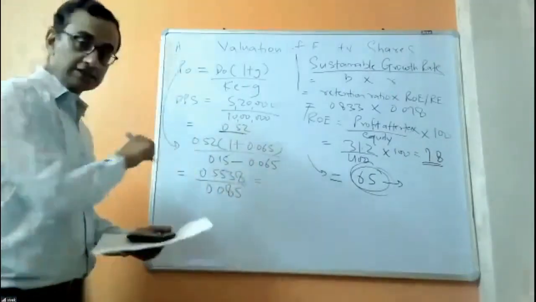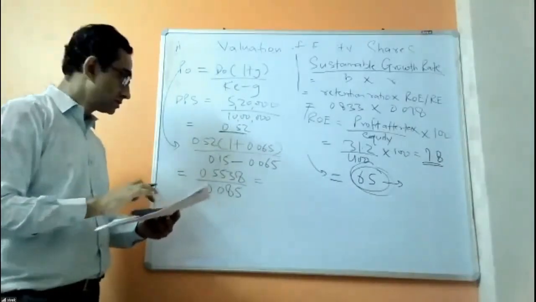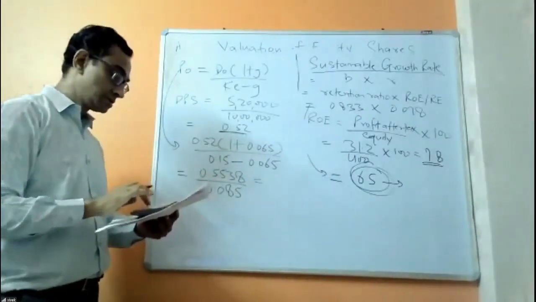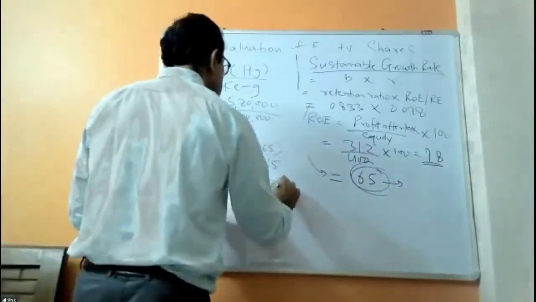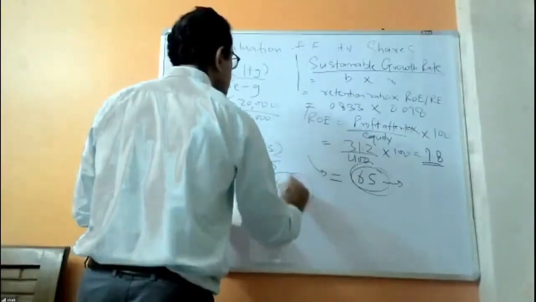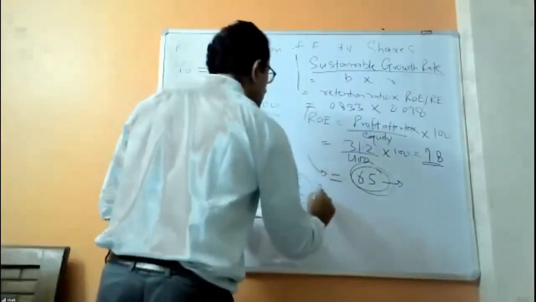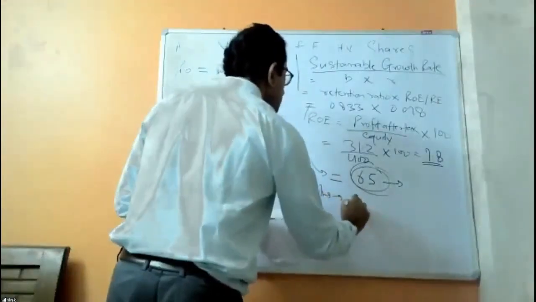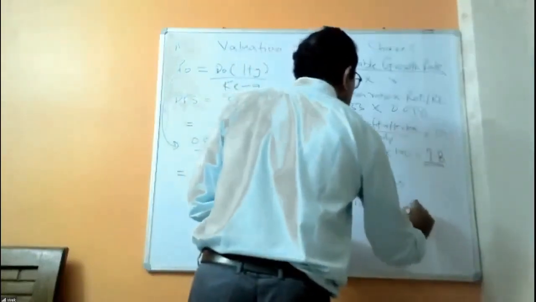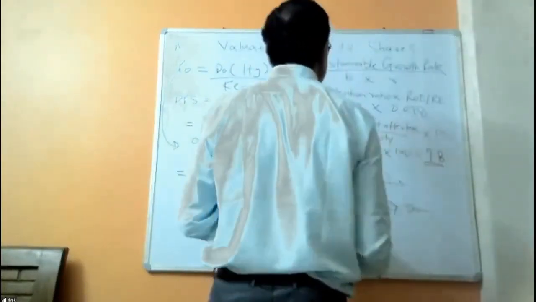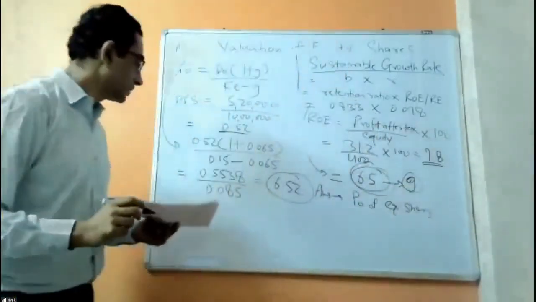Now let us calculate the final amount. It is coming to about 6.52. 6.52 is the present value of the equity share. So 6.52 is the answer.